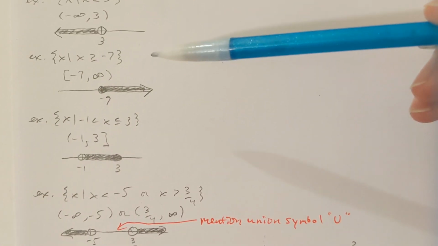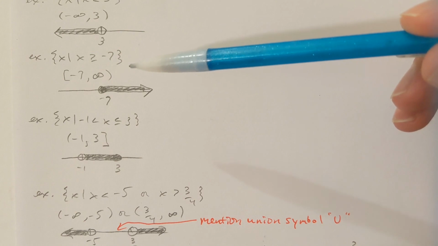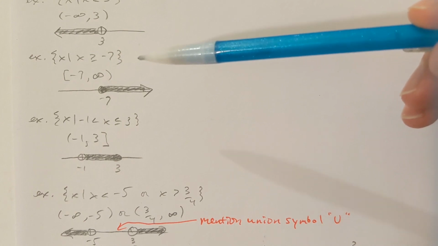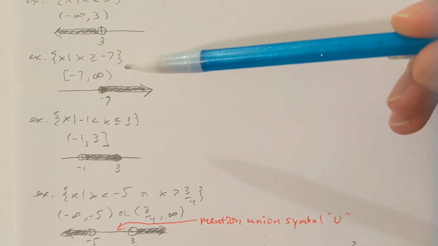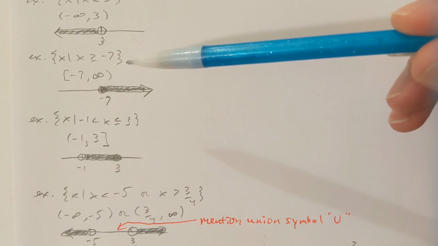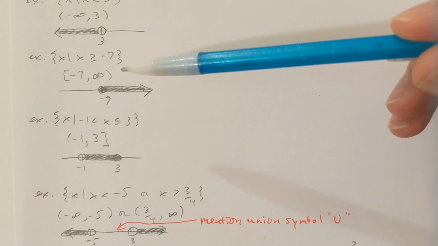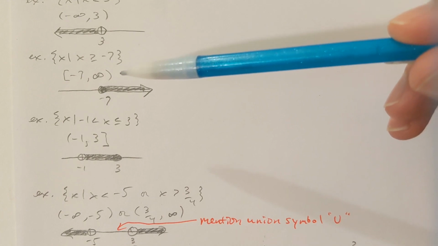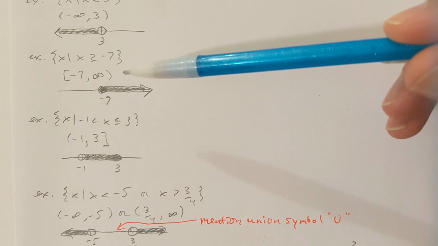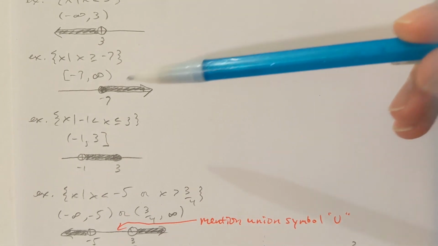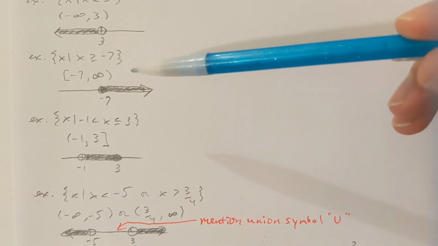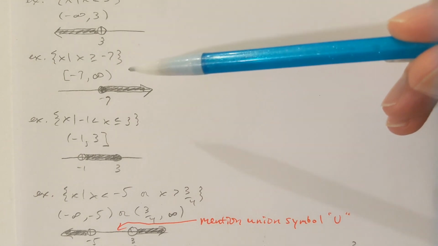As a set, I'd have the set of all x such that x is greater than or equal to negative 7, and my interval for that set would be the interval negative 7 to infinity.